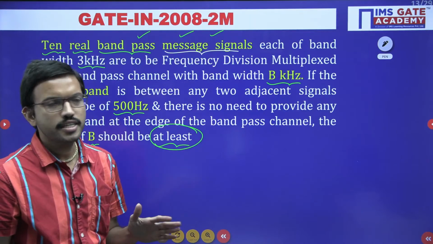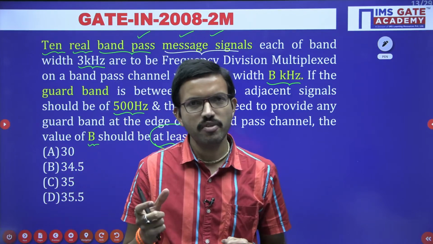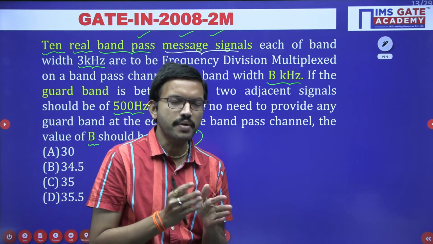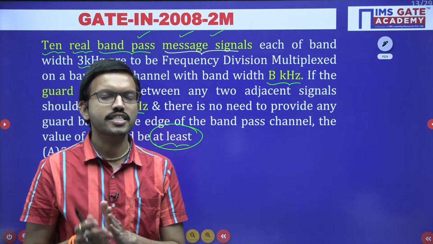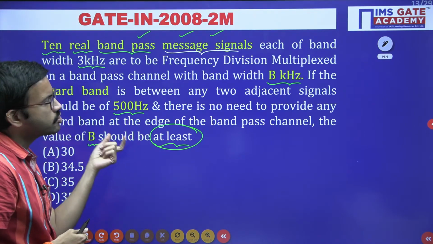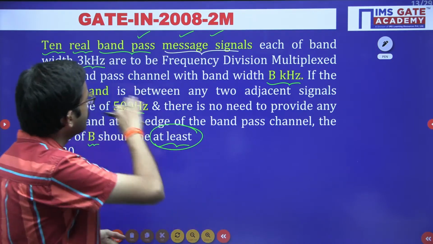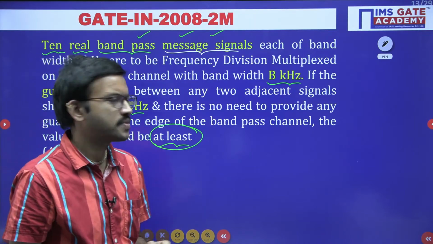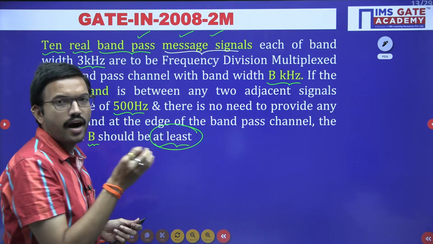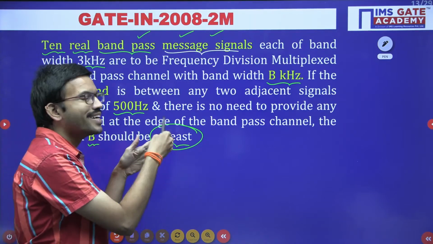When we calculated the bandwidth required, AM and DSBSC give the same value, whereas SSBSC gives a different value, and the bandwidth required in SSBSC is less. So now we have to solve this question by considering the SSBSC modulator. That is the inherent logic.